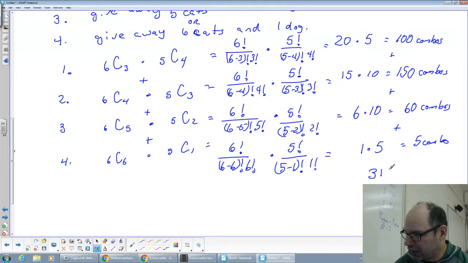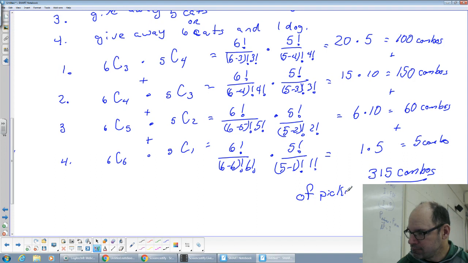So 315 ways or combinations of picking at least three cats to give away in your 7 group.